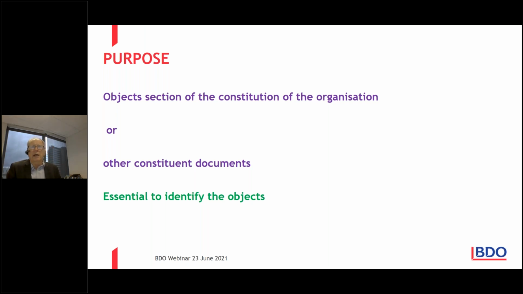What are the objects? Can the board put their finger straight on, these are our objects, so that when we're looking at every transaction, every decision of the board, we can honestly put hand on heart and say, yes, we are applying everything to our purpose. What is our purpose as per our governing documents?